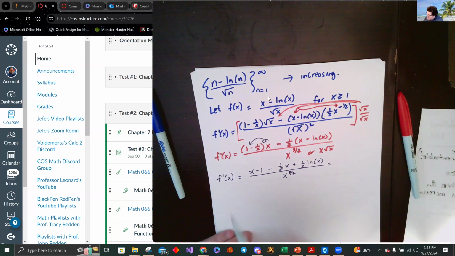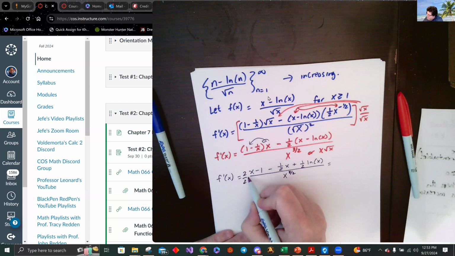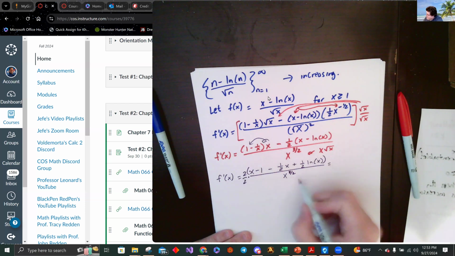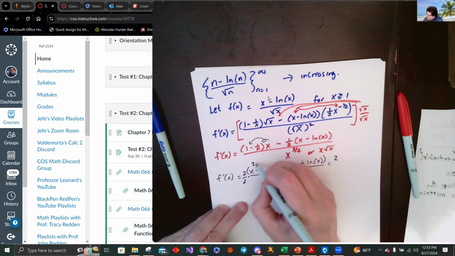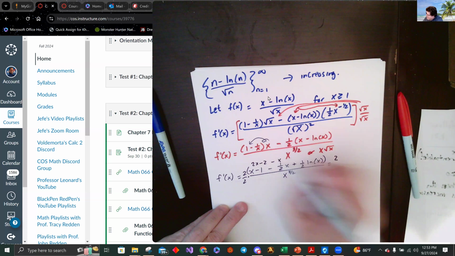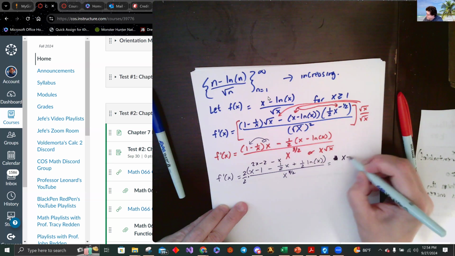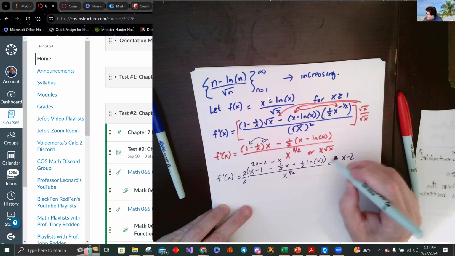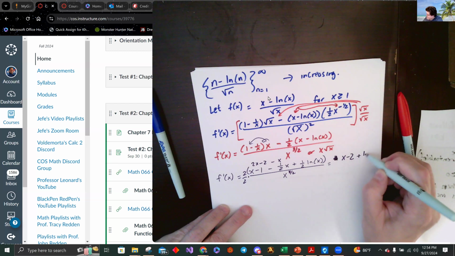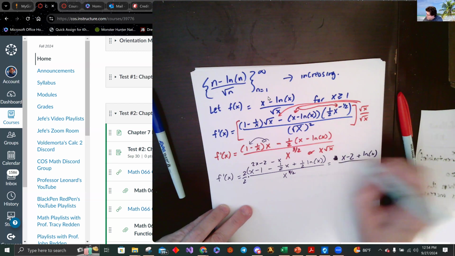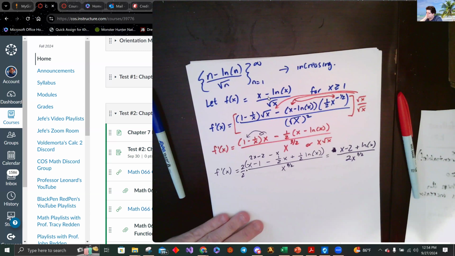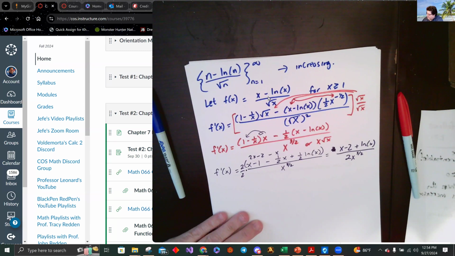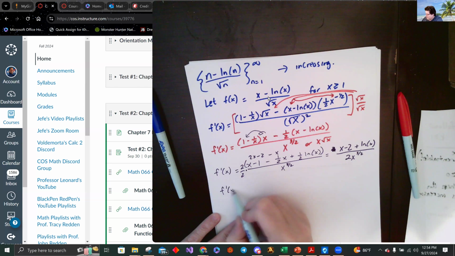I'm going to multiply by 2 over 2. I get 2x minus 2 minus x. That's going to just give me x minus 2 plus ln of x. And on bottom, I have 2x to the 3/2. So let's rewrite that here where it's all nice and together.